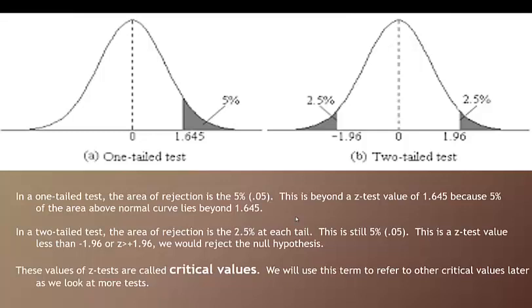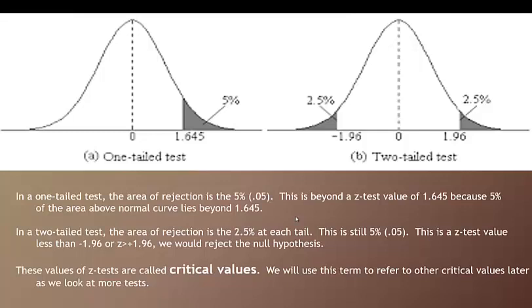So if we had done the z-test in that one-tailed test, and if we had gotten a z-test score of 1.645 or higher, this would have been within that 5% beyond the curve. This is the one-tailed test on the left. And we would have rejected our null hypothesis.